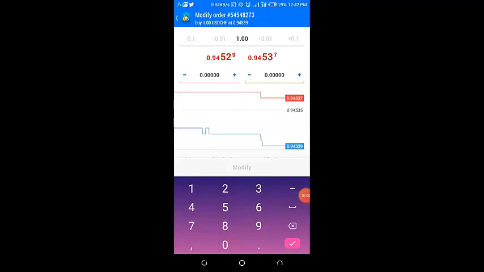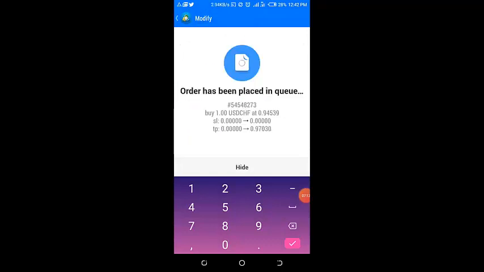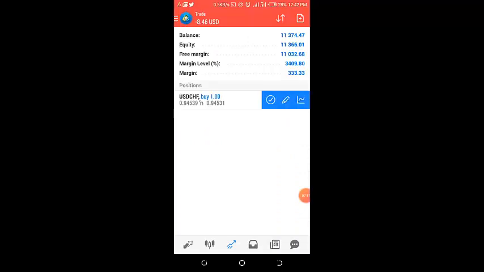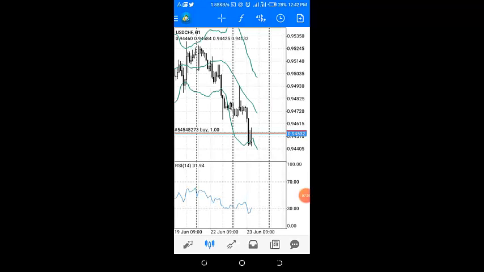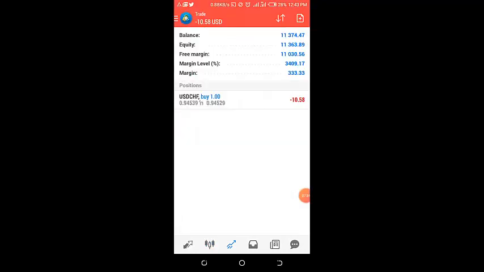Now setting the take profit, of course you will add, of which we said ours was 0.97, we can even set it there. Let's take the profit again, 0.947.